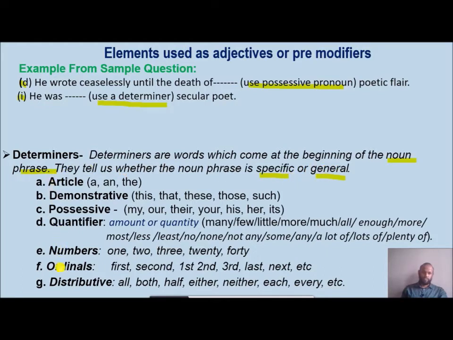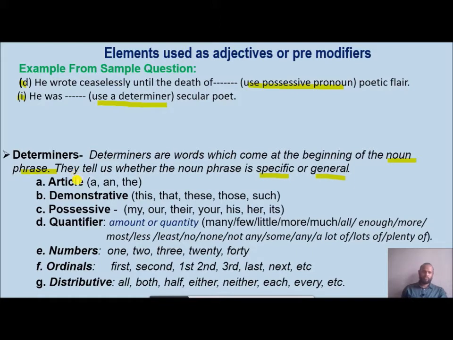Here you see a list of determiners, and among them the article is also one of them. So article, demonstrative, possessive, quantifier, numbers, ordinal, distributives, all these items are used as determiner. And one thing you should remember, all the determiners function as adjective.